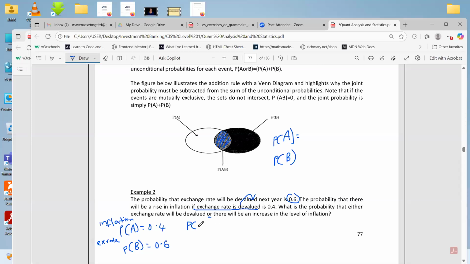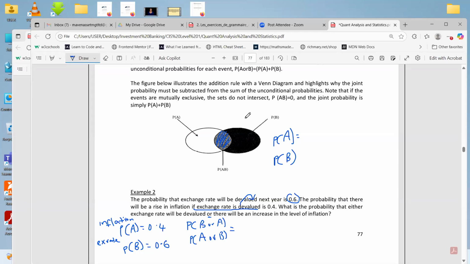So what does that tell you? It can be expressed as probability of B or A. I could also write it as a probability of A or B. Now, either way I write it, what does this tell us?